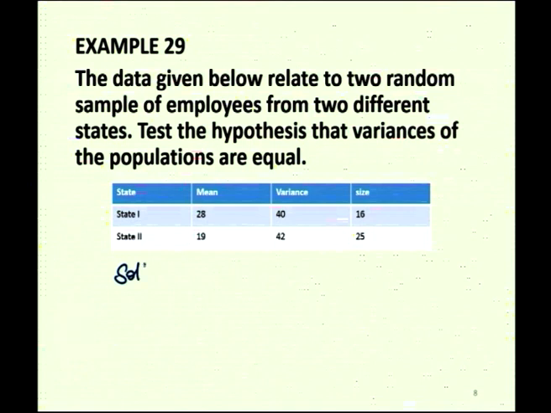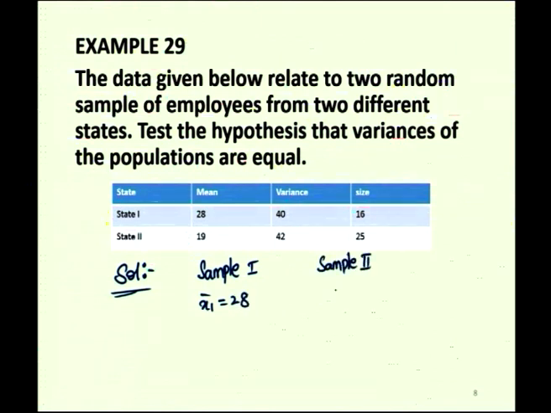Let us work out the solution for this. Now, taking sample 1 as state 1 values, x1 bar is 28 and sample 2 as state 2 values, x2 bar is equal to 19. And the variance for sample 1 is S1 square.